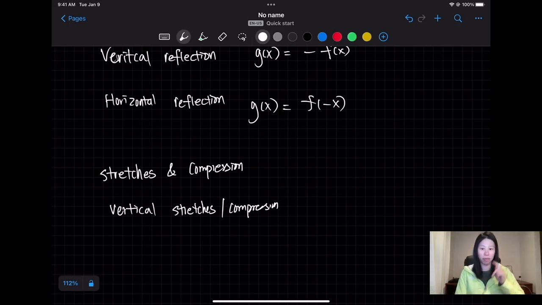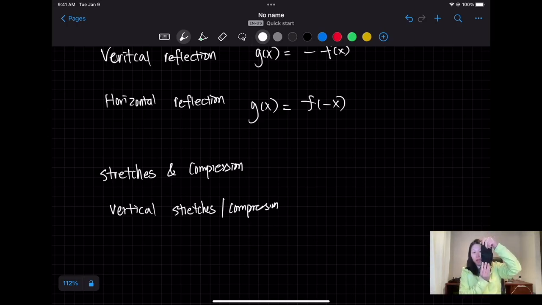You can think about, let me grab something very quick. So now take a look. This is a stretch. So vertically stretched means the graph is going to look like that, right? So that means horizontally it's going to look slimmer, right?